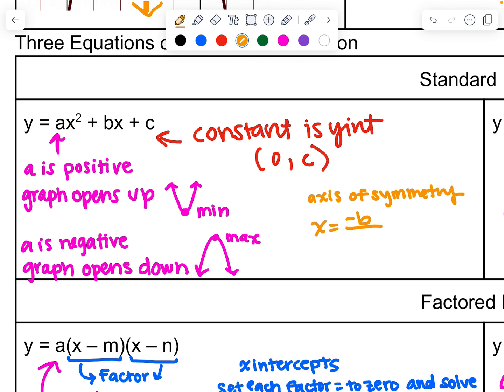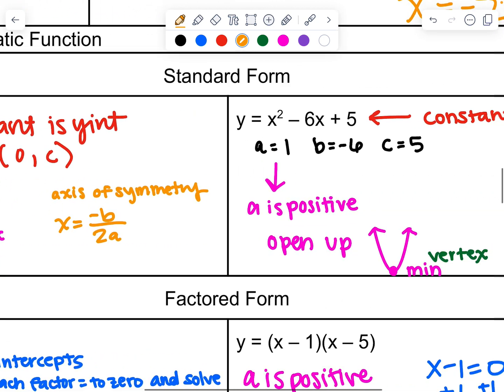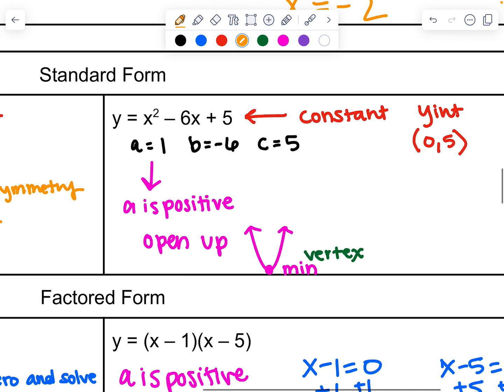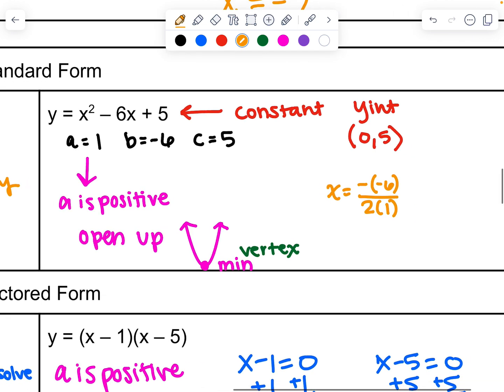-b, or opposite b, over 2a. So if I want to use it on this one, I would say x equals negative, my b value is -6, over 2 times 1. -6 gives me a +6. +6 over 2 gives me 3.